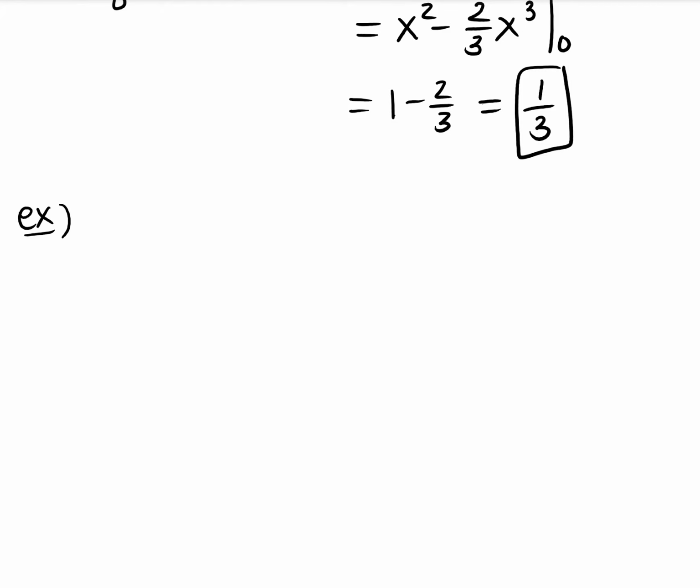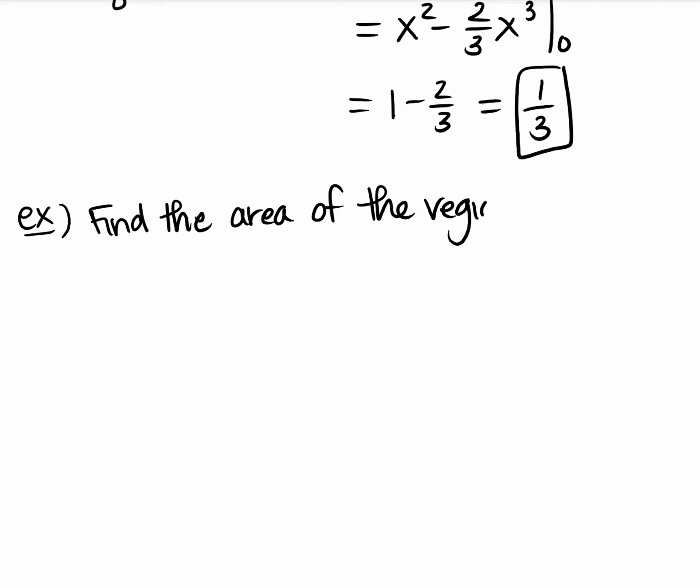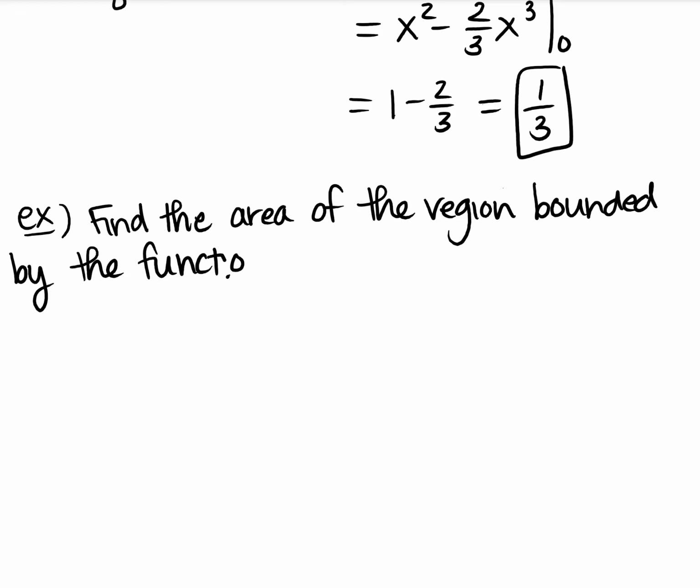So let's do another example of finding the area bounded by a region. Find the area of the region bounded by the functions. All right, what two functions are we going to do?